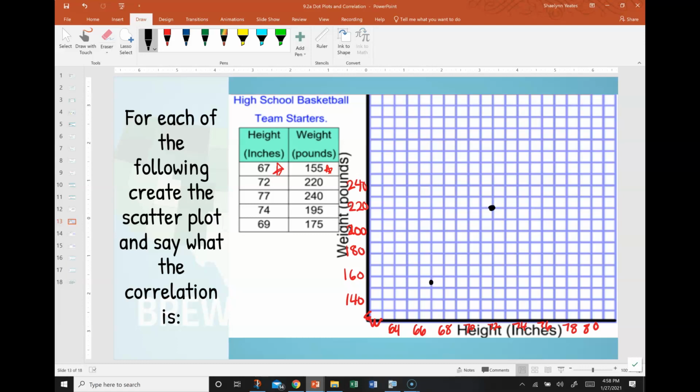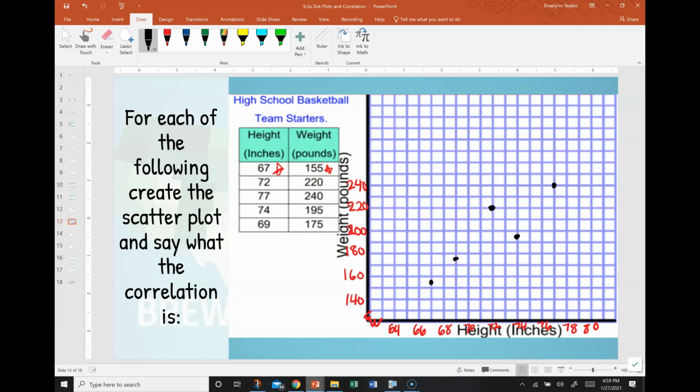At 77, somebody was 240 pounds, 77 inches. And then at 74 inches, someone was 195 pounds. And then at 69 inches, someone was 175.